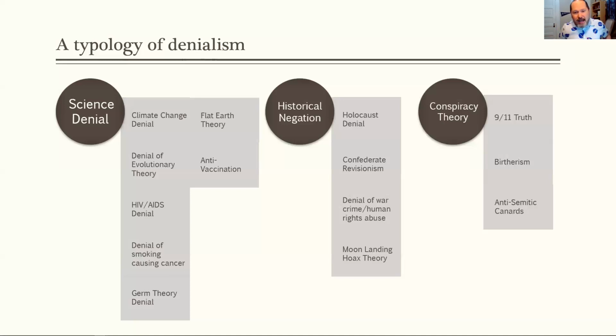And then there are anti-Semitic canards, the idea of a worldwide Jewish conspiracy, that have generated all kinds of absolutely nuts conspiracy theories about, for example, the idea that Jewish people loved crucifying Jesus so much that they will steal communion wafers, because communion wafers are supposed to be the body of Christ, and they will steal them just to stab them, because they want to desecrate the host, it's called.